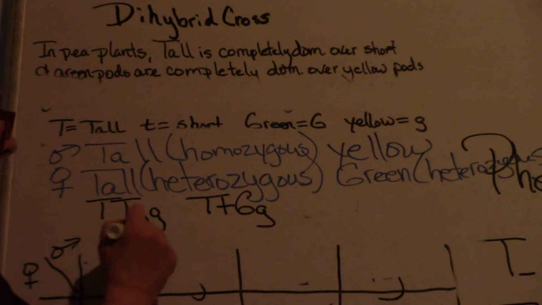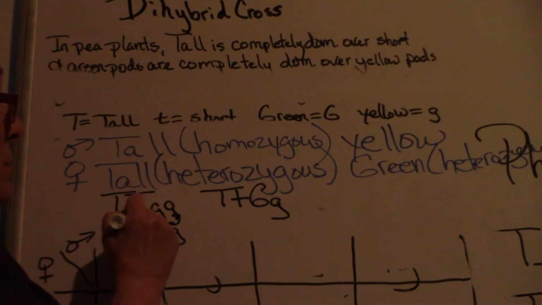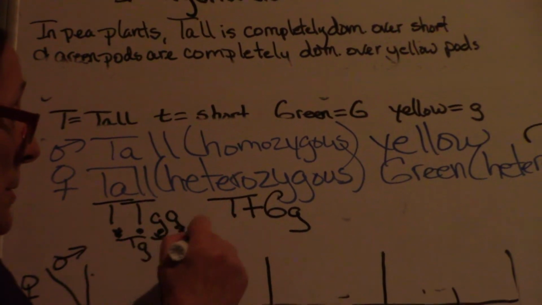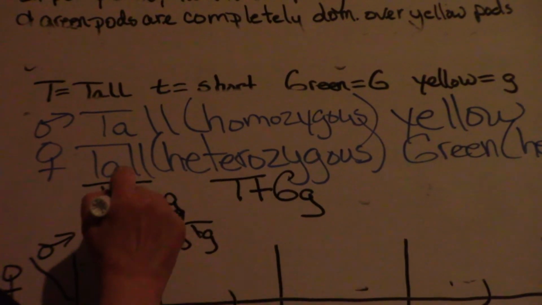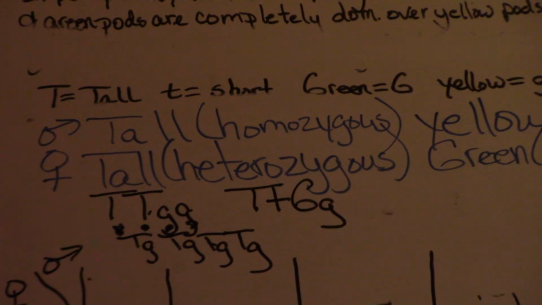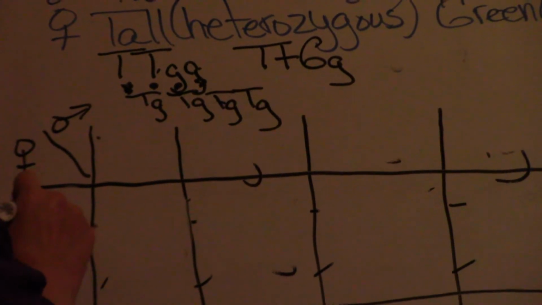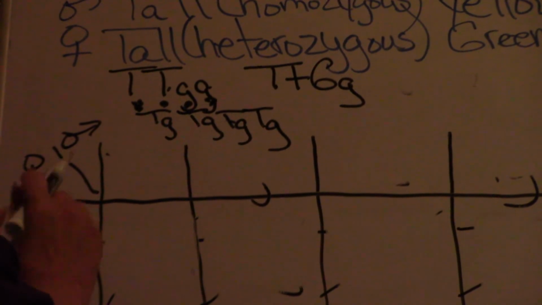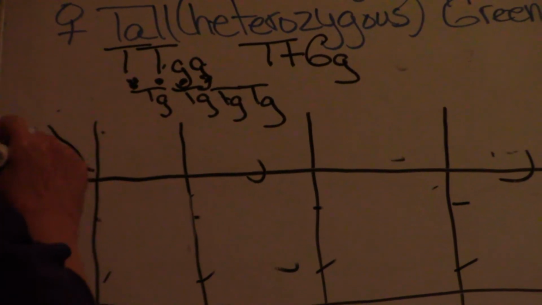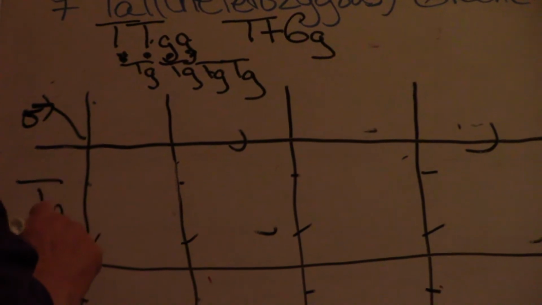We take this one, put it with this one, we still get big T, little g. We take this one and put it with this one, and we still get big T, little g. Here, big T, little g. You could actually do this with just changing this to the male and putting this one time.